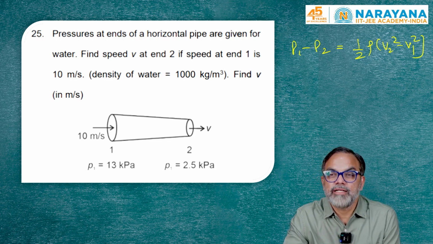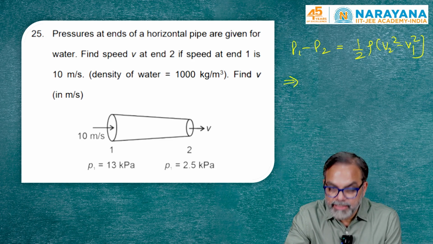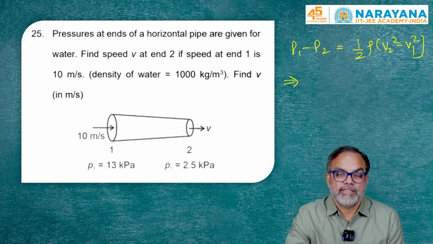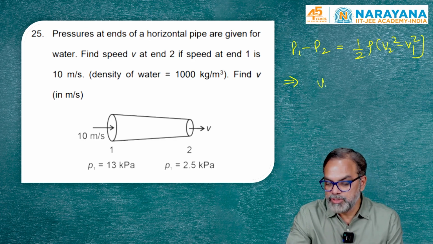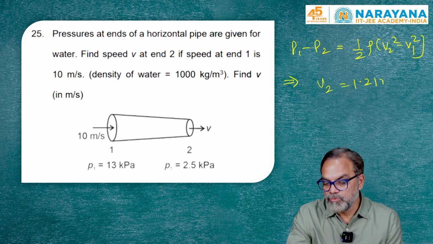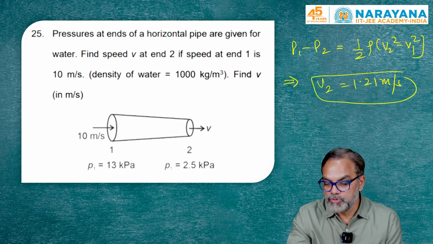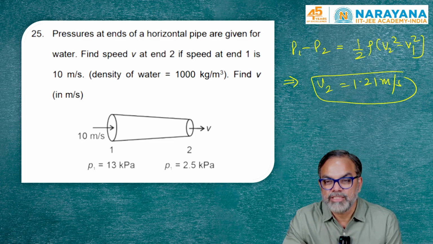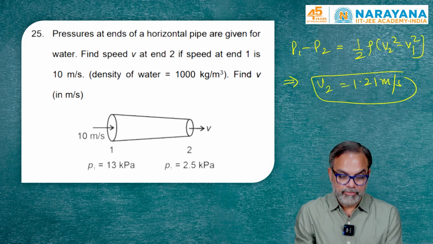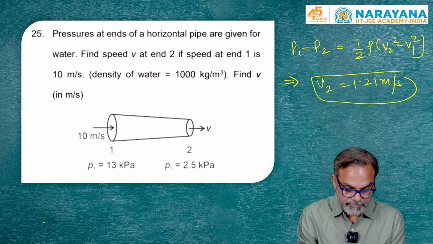All the values are given, and if we make substitution, we have to find out the V in meter per second. So if you just make substitution, you get 1.21 meter per second after substituting all values. It is just a straightforward formula based question. Put the value, get the answer. You have to be very alert in calculation.